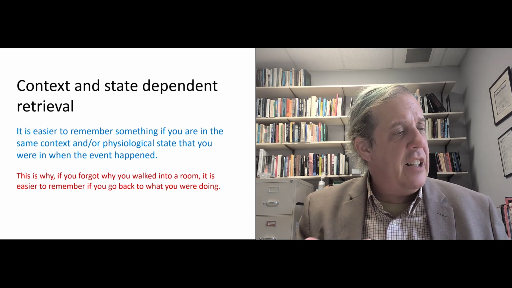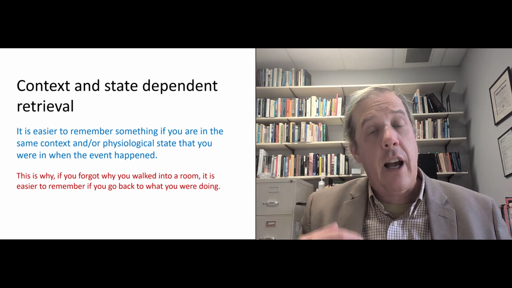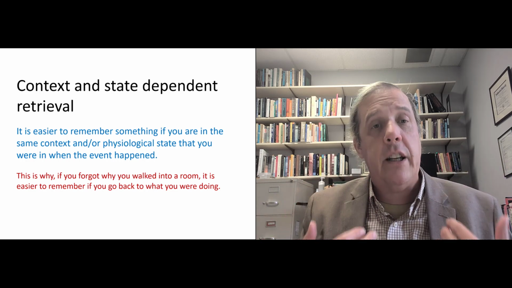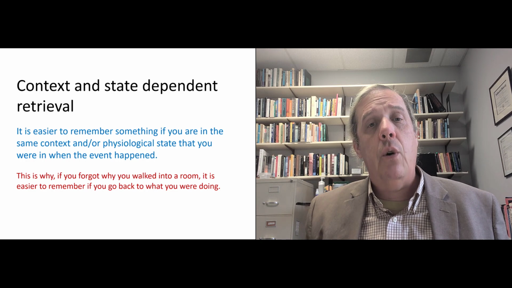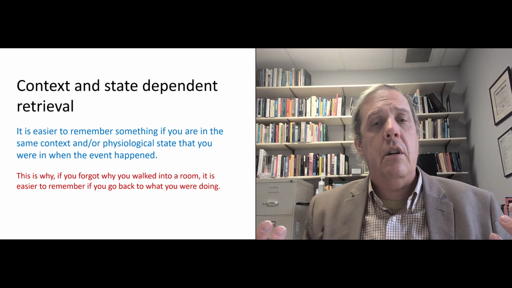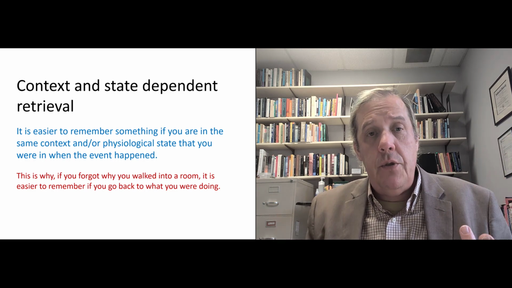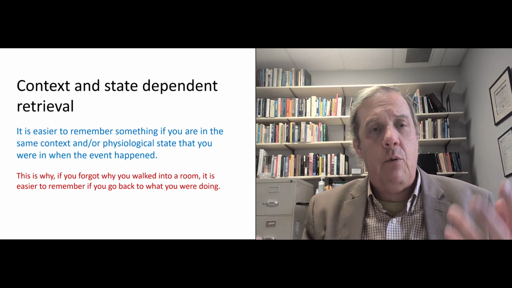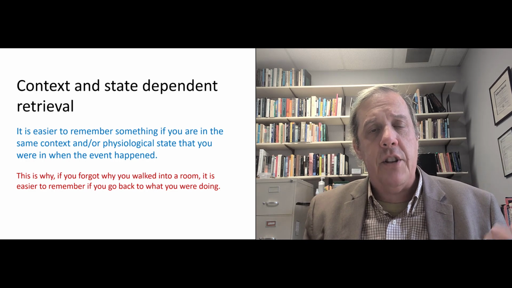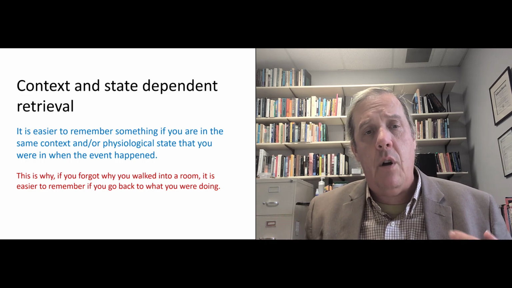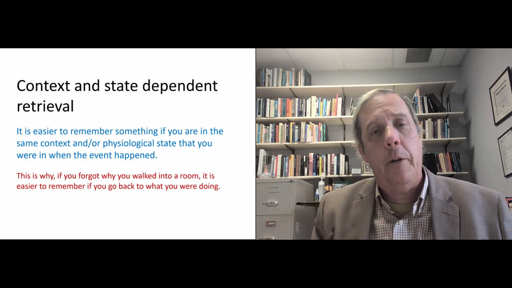So I go back to the file I was working on, and then suddenly I remember because I have that sensory cue. So if you try to remember something, it's good to have the cues, the sensory input that was around when you put down the trace of that memory.